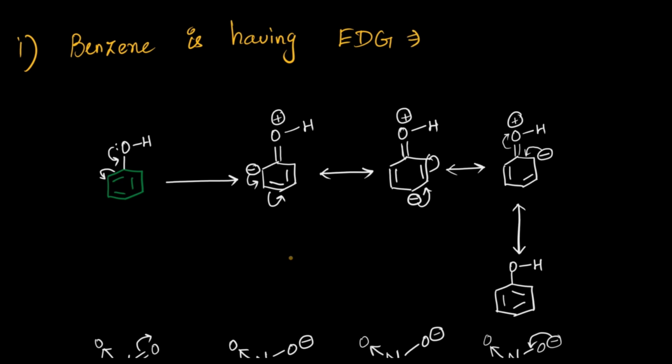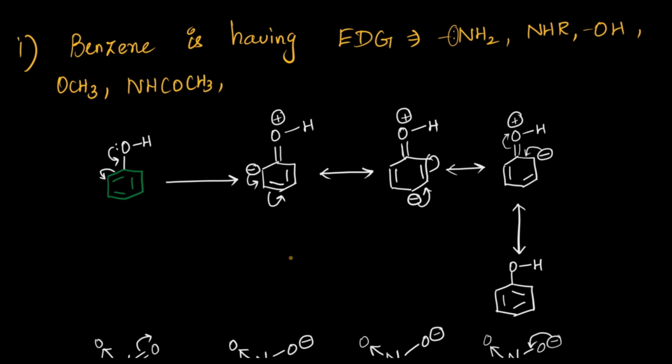For example, NH2, which has a lone pair that can be donated, or NHR, OH, OCH3, NHCOCH3, or alkyl groups, methyl, ethyl and all alkyl groups. So these are some electron donating groups.